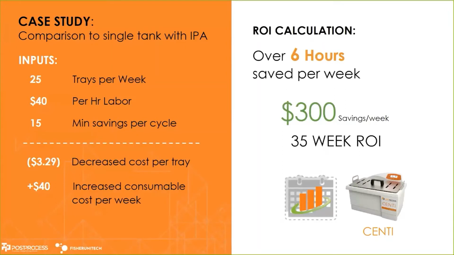So this results in a decreased cost per tray by $3.29. However, we do account for the fact that we are going to increase that consumable cost. So when you tie all of this together, looking at the time savings per week, that's about 6 hours, and that results in a $300 savings per week. So when you work this out, that equals a 35-week ROI for this circumstance.